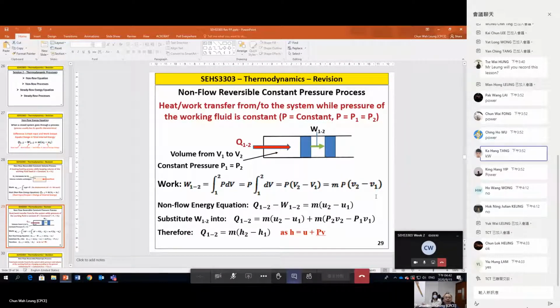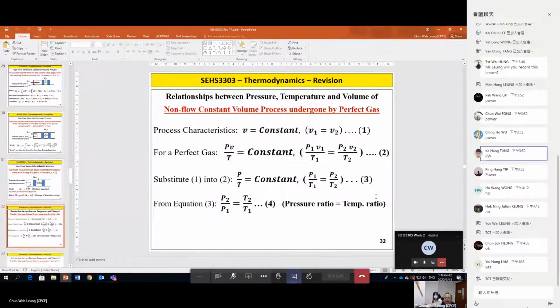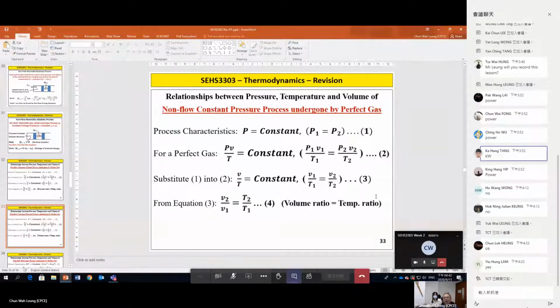Also, for a constant pressure process, we can apply two equations, if the working fluid is a gas, to further help us. The first equation comes from the process, the constant pressure process. Therefore, pressure is a constant, right? The second equation is always PV over T is a constant because it is a gas.